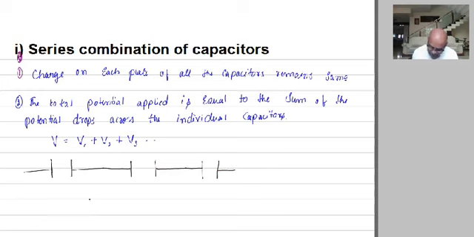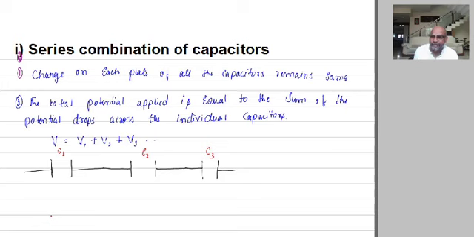Okay. So now we have got 3 capacitors, and the capacitance of the first capacitor is, say for example, C1. The capacitance of the second capacitor is C2. The capacitance of the third capacitor is C3.